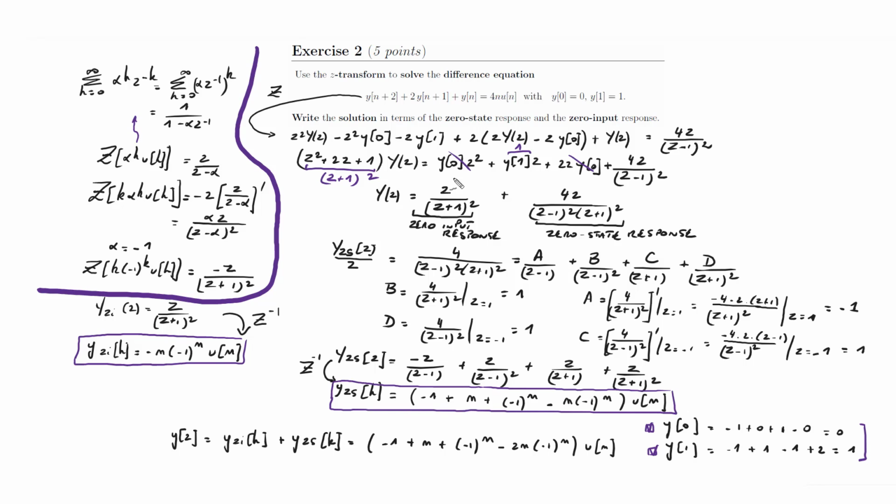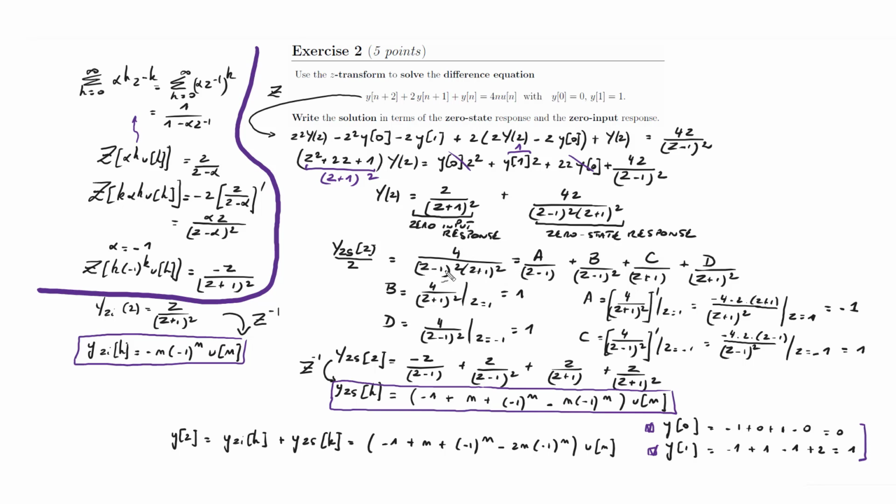So in order to proceed further, we have to take the inverse Z transform of the zero state response. So we need to take a partial fraction expansion, and since we work with the variable Z, we'll take this zero state response and divide it by Z. This gives you this expression over here that you can then decompose.